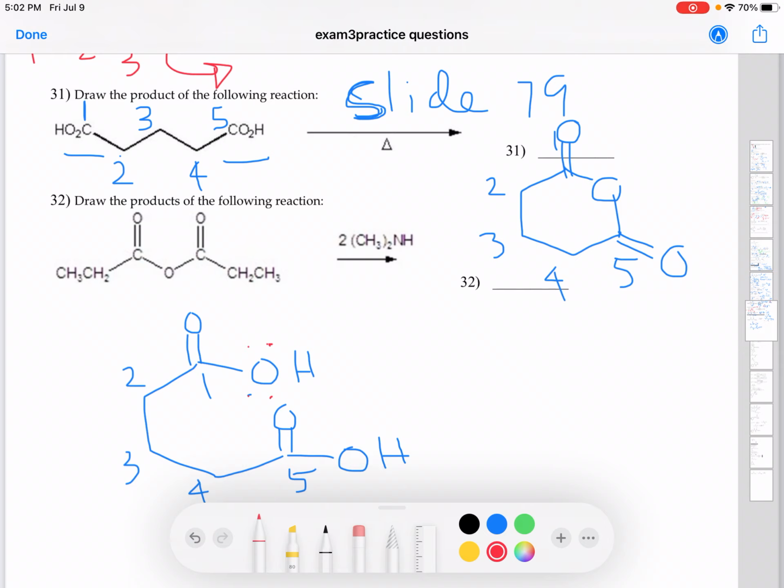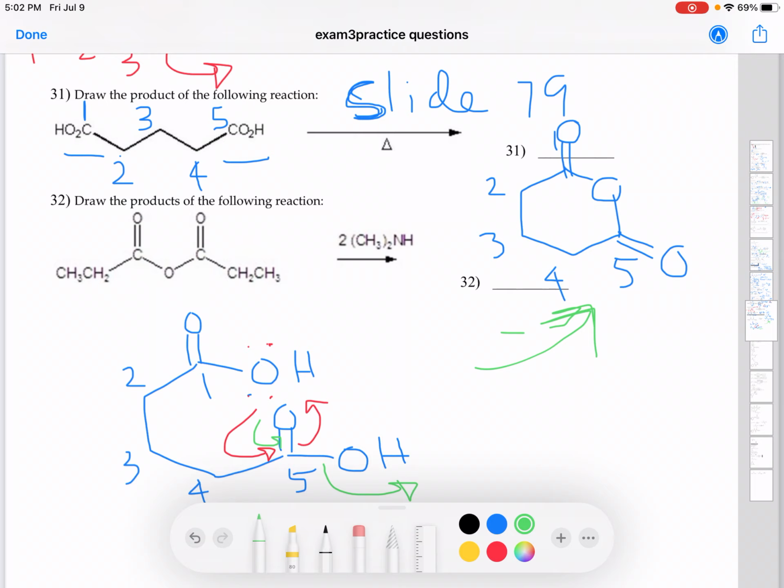The oxygen is going to react with the carbonyl group. So this will open up, and then it's going to reform the carbonyl group and leave hydroxide. So you're going to form a bond between oxygen and carbon and form the ring. You don't need to know the mechanism, but just know that the product is going to be a cyclic anhydride like that.